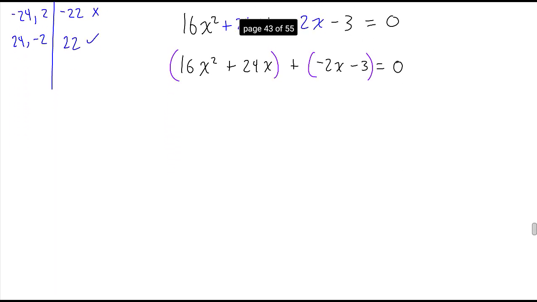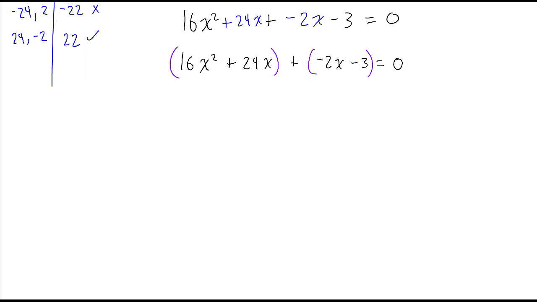Okay, the goal here is to find a common factor. 16x squared plus 24x. Both 16 and 24 are divisible by 8, and they both have an x. So if I factor out 8x, I'm dividing it out.